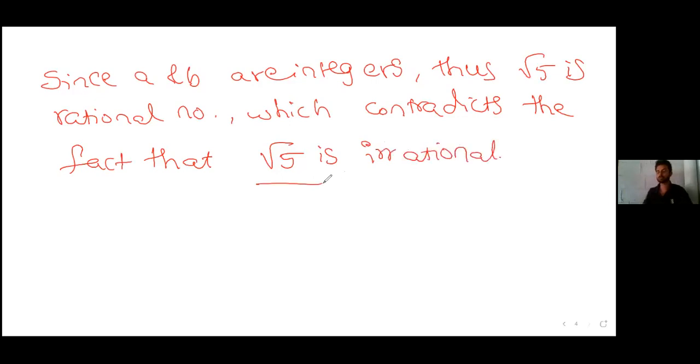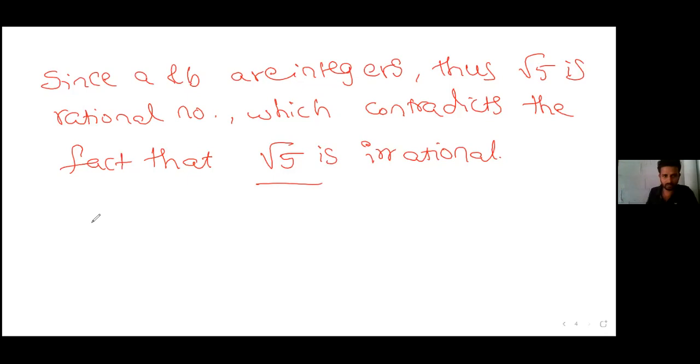So root 5 is already a proven fact that it is an irrational number. But when we took this contrary statement, it is showing that root 5 is a rational number, right? So that is why we can say this assumption is wrong.